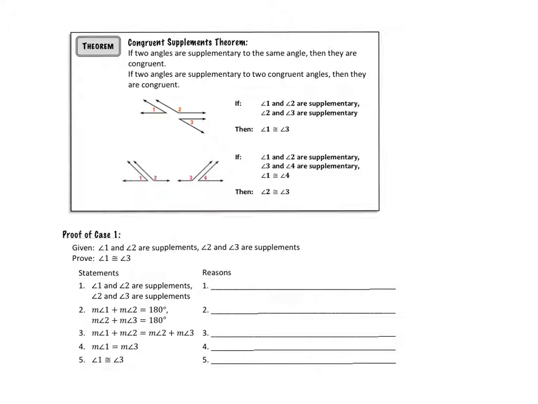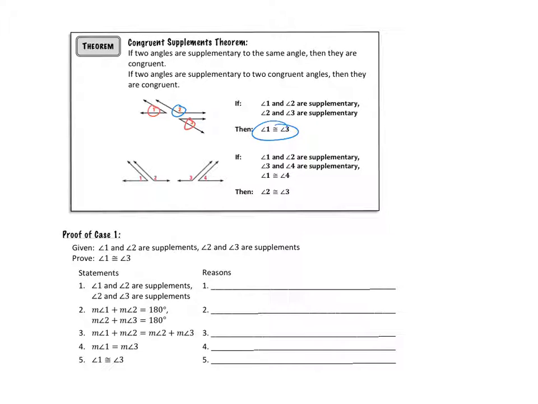What we are going to prove, though, is the congruent supplements theorem and then the congruent complements theorem, which you can imagine is going to look very similar. So if two angles are supplementary to the same third angle, for example, here 1 and 3 are both supplementary to angle 2, common sense tells us that they are going to be congruent to each other. We're going to do our proof here before we move on to use it.